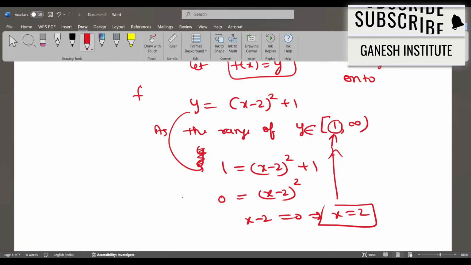And it's x equals 2 because you take the minimum value of y. It is asking what will be the value of x for which the minimum value of y will be satisfied. This is the question, right? Yes. So this is how you can get it. Is this fine?